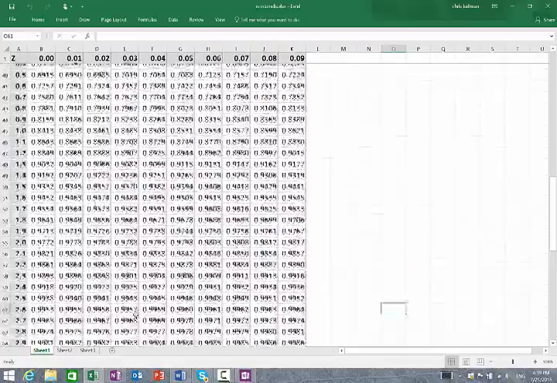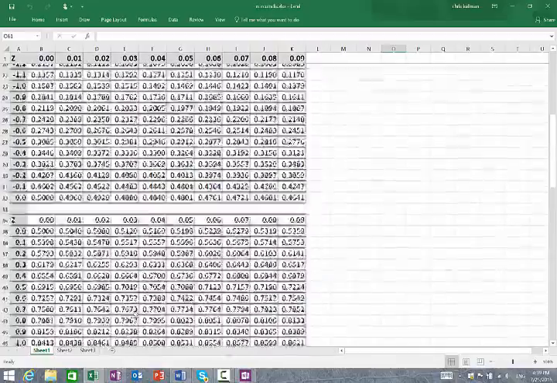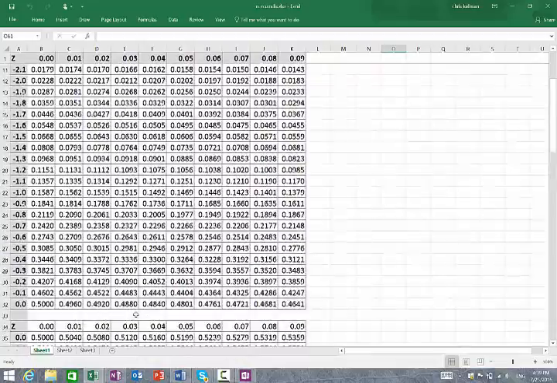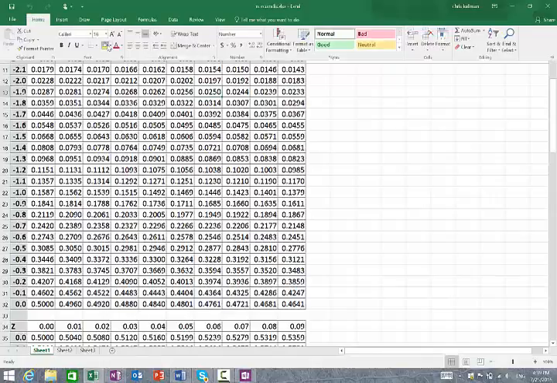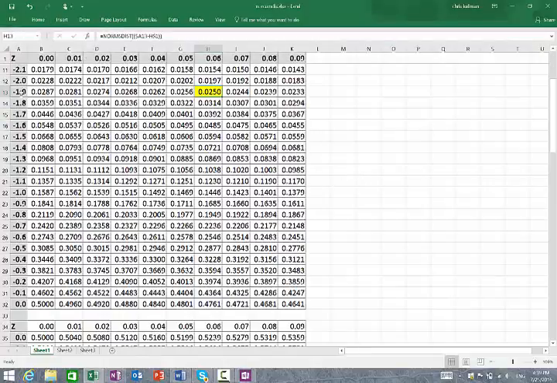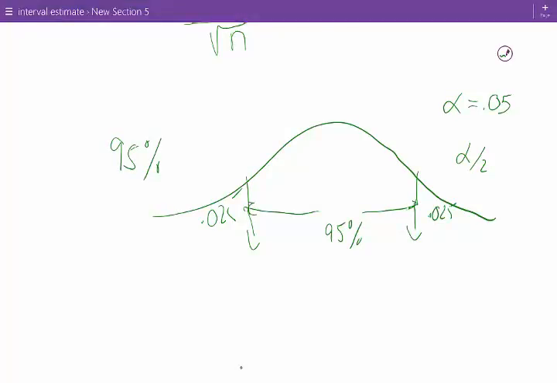So 0.025, and there it is, right there. That corresponds to a Z-score of minus 1.96. So our negative Z-score is minus 1.96, and our positive Z-score by symmetry is plus 1.96.